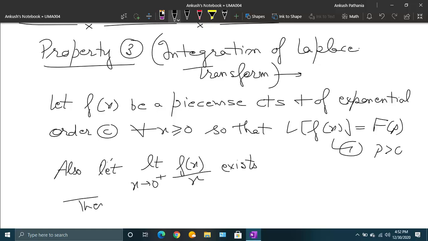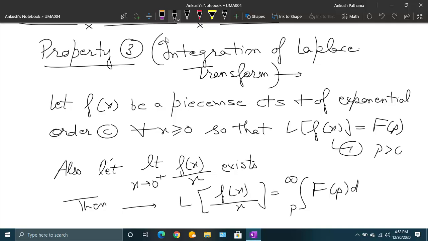Then according to property 3, that is the integration of Laplace transform, the Laplace of f(x)/x is equal to the integral from p to infinity of F(p) dp.